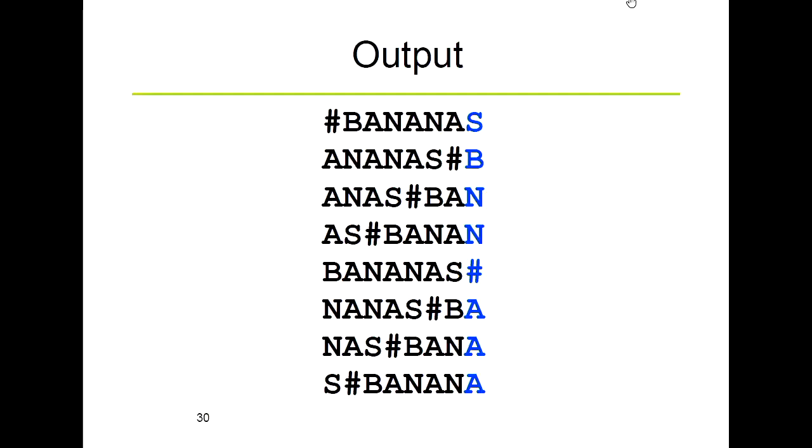It means the letter after B is A, or the letter before this A is B. That's how you get them to begin with. They are rotations, right? It's like a cylinder.